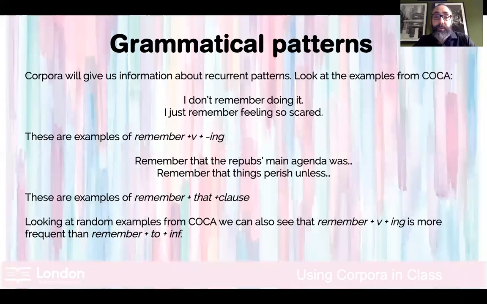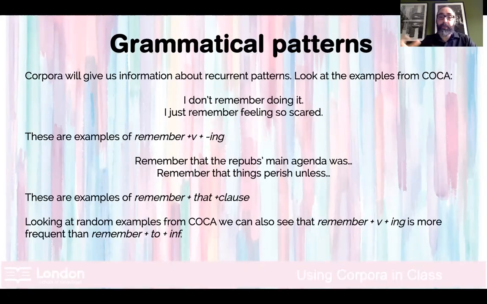Corpora will give us information about recurring patterns. And that's very important. I mean, it's not just a pattern that appears once or twice. Having millions of examples means that we will find these patterns again and again, okay? These are some examples from COCA. For example, I don't remember doing it, or I just remember feeling so scared.